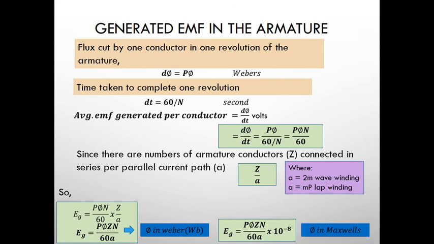Watch out lang. If the flux per pole is expressed in Maxwells, use the formula times 10 to the power of negative 8. If the flux is in Weber, use only P flux Z N over 60A.